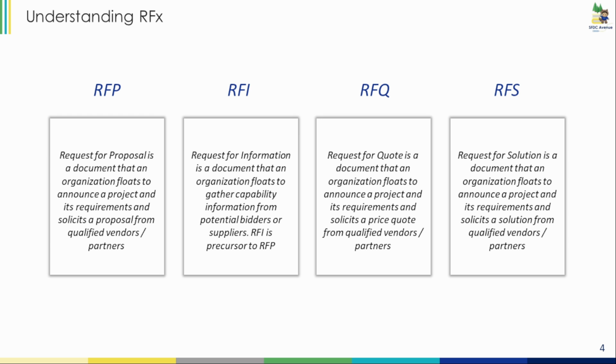Typically, these big companies first do a health check of the vendor and understand whether that vendor is capable enough to respond to the RFP and do a proper implementation. Then only they will circulate the RFP to them.